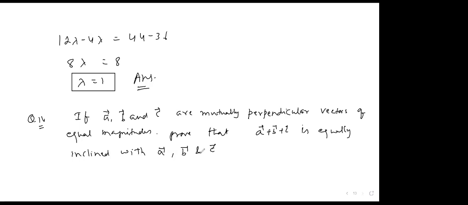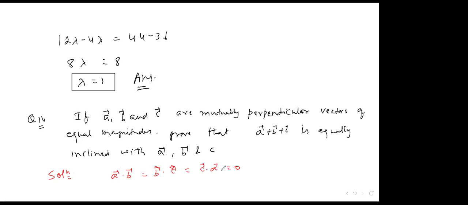See, first line is A, B, C are mutually perpendicular. What does it mean? It means A dot B equals B dot C equals C dot A equals 0.